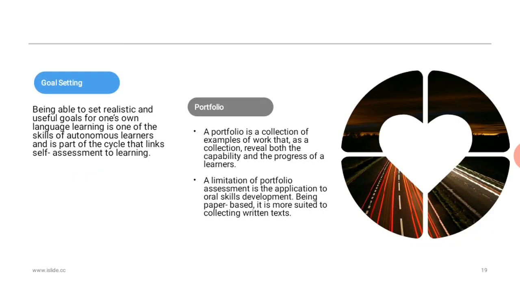Okay, next, goal setting. Being able to set realistic and useful goals for one's own language learning is one of the skills of autonomous learners and is part of the cycle that links self-assessment to learning.